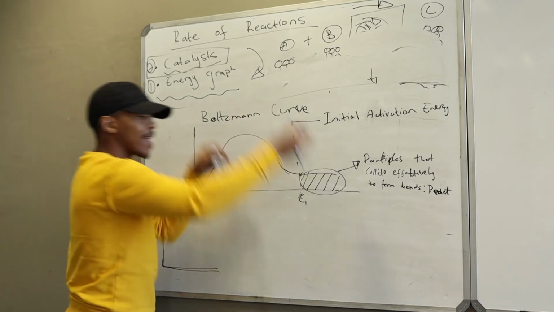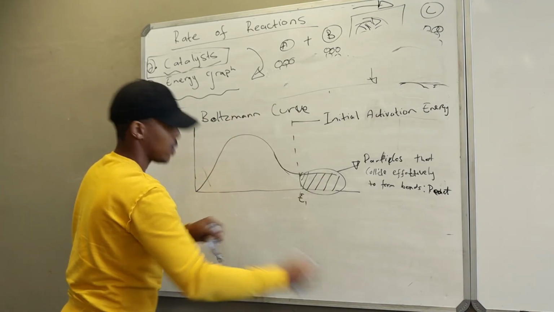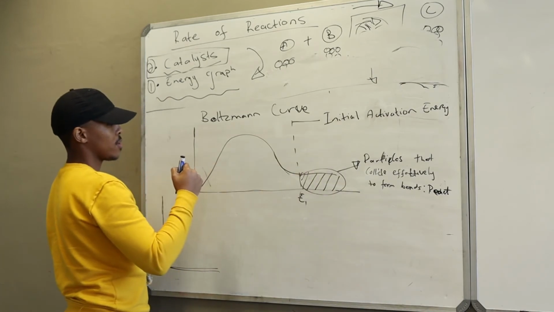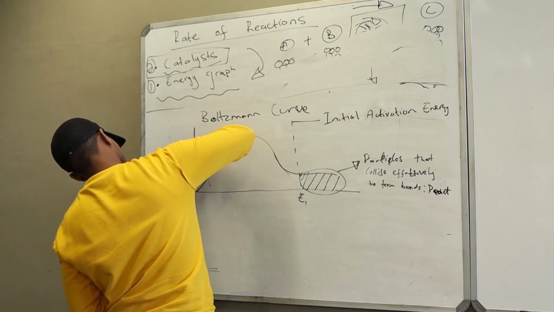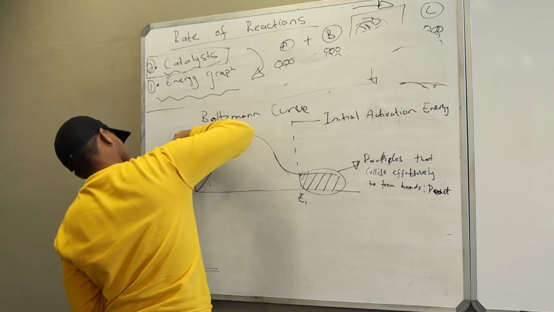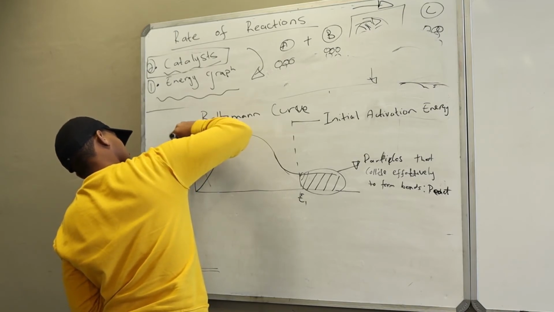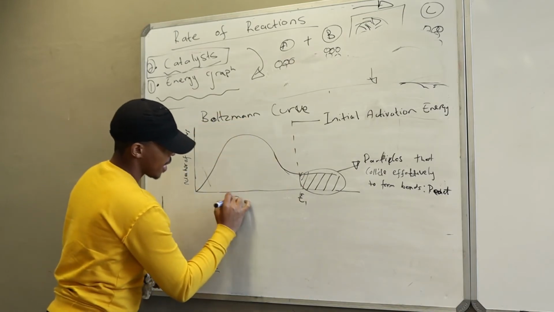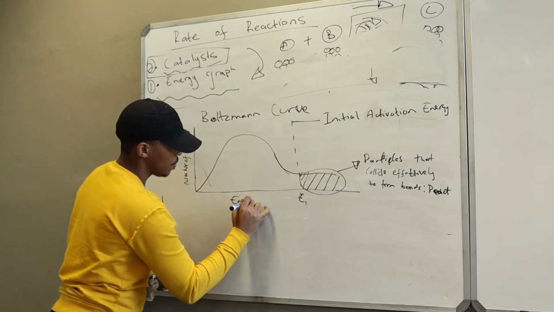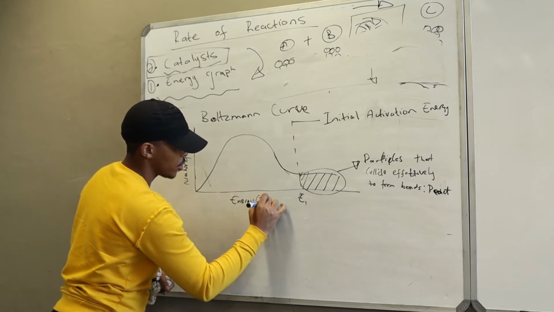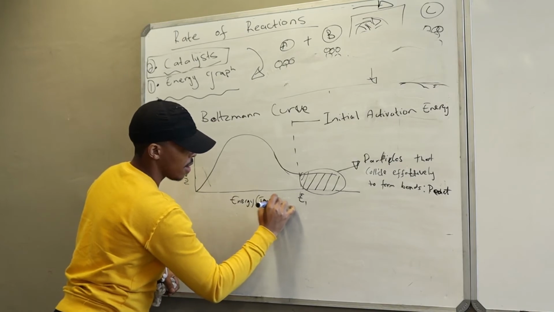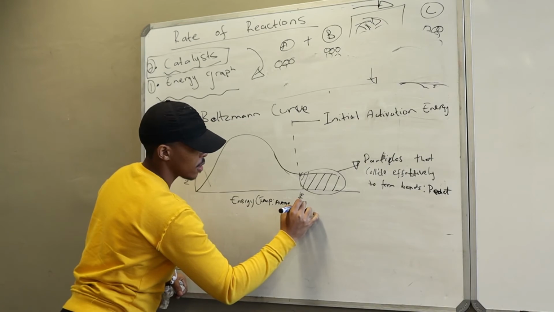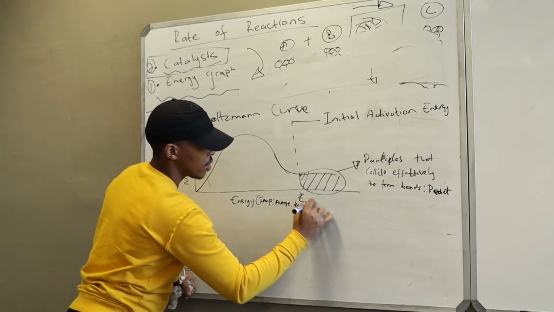And now we add a catalyst to the chemical reaction. Okay, let's write this down here. Number of particles. And the energy, again, energy, temperature, average kinetic energy.